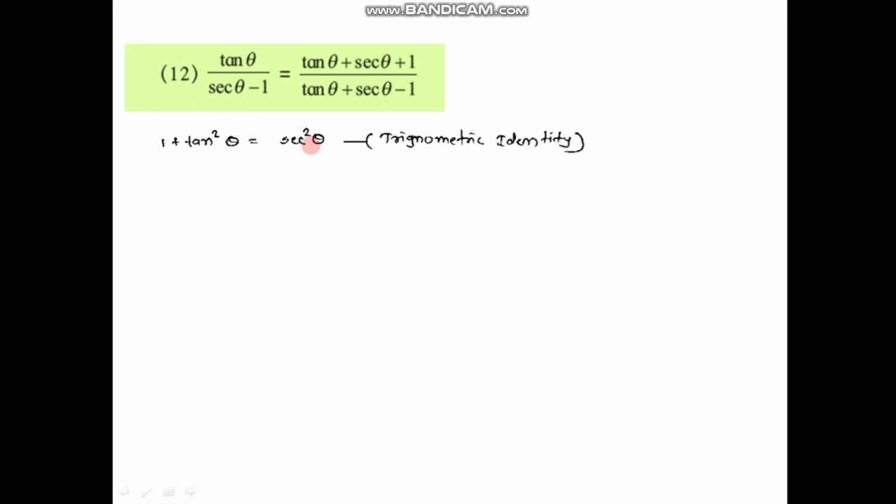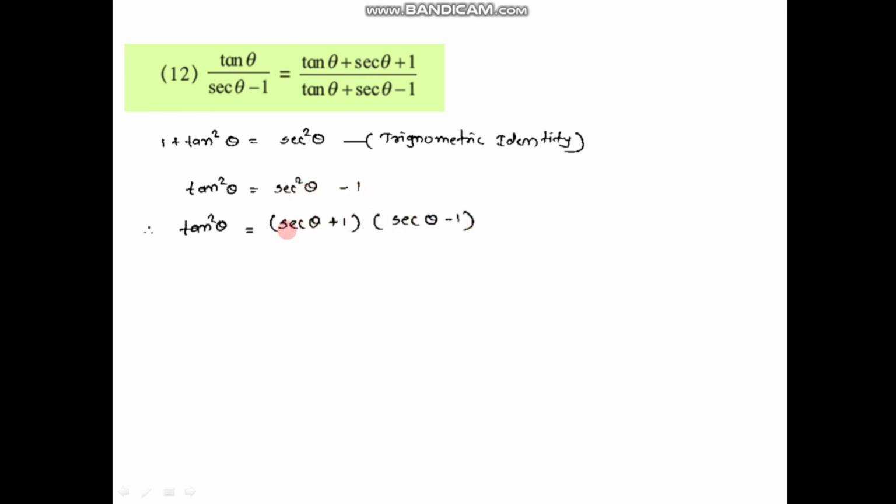So we'll consider firstly that one. If we take 1 to the right hand side, we get tan square theta is equal to sec square theta minus 1. So tan square theta is equal to, now this is in the form a square minus b square. So the expansion formula is a plus b into a minus b. That is, in the first bracket we should have addition of these two terms, and in the second bracket we should have subtraction of these two terms.